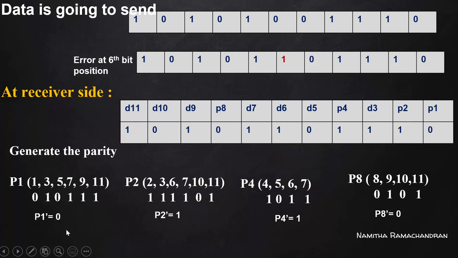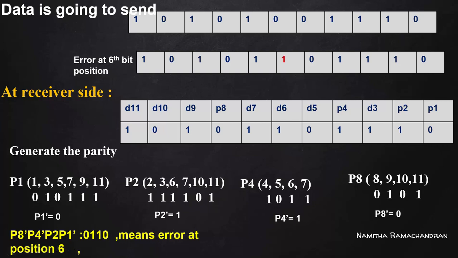Then arrange like this: P8 dash, P4 dash, P2 dash and P1 dash. So the value is 0, 1, 1, 0. This 0110 is the binary representation of decimal 6. From this, we can conclude that at position 6, we had an error.